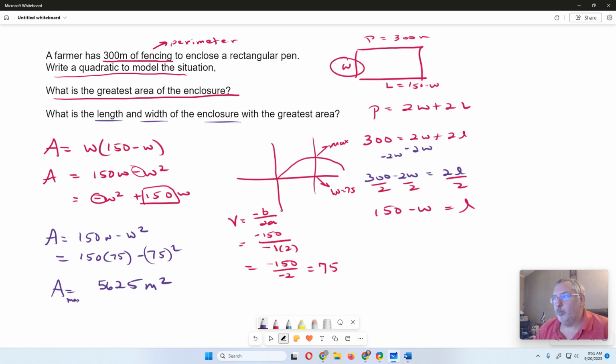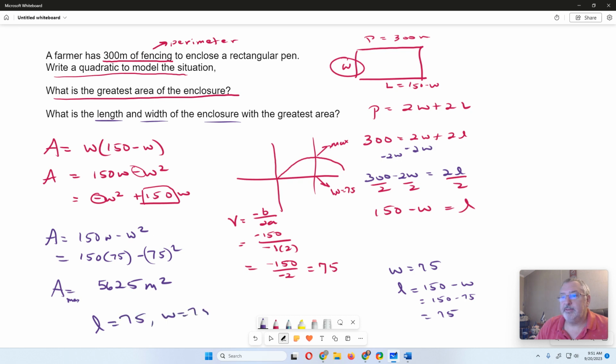Well, we already know that the width is 75. So we know that the length is 150 minus w. So that's going to be 75. And that makes sense, that a square has the biggest area. So the length is 75 and the width is 75.